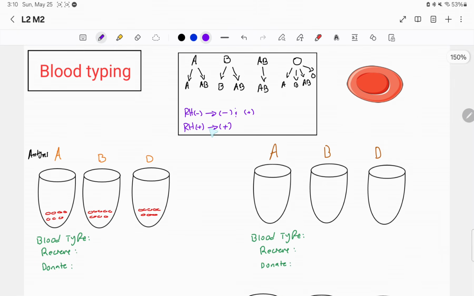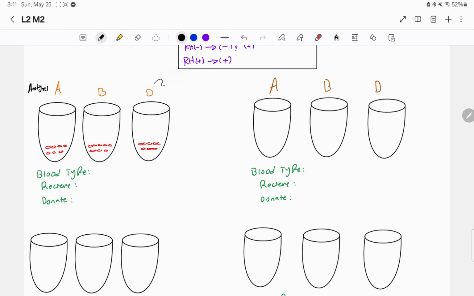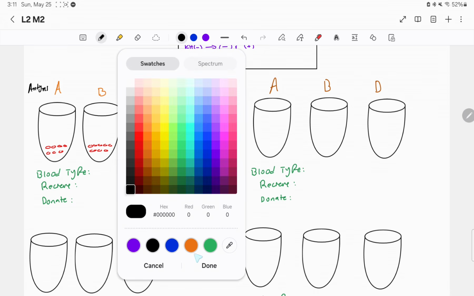If somebody who carries this D antigen gives it to somebody whose red blood cell does not have the D antigen, then this will cause an immune response to occur and the development of antibodies. So we don't want that. So this is our map, and we can come back to this. Now, let's quickly go through what I mean here. So, sample of blood, separated into 3 vials, where I'm going to test for an antigen with their specific antibodies.